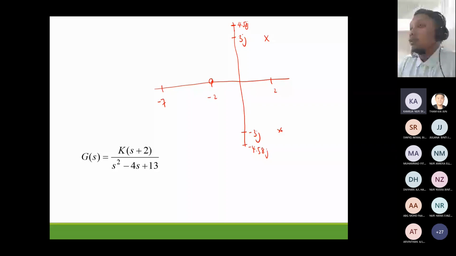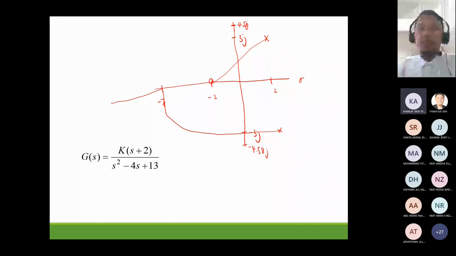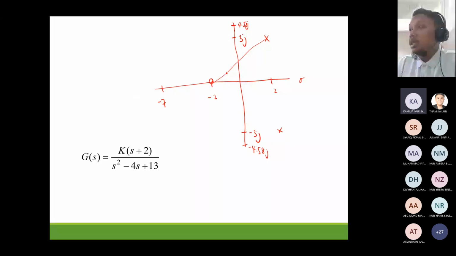So we know that the root locus must be symmetric about the real axis. So you cannot do like one go here and then one go here to infinity. So this is not symmetric. Okay, so you must make sure that you draw it symmetric on the real axis.